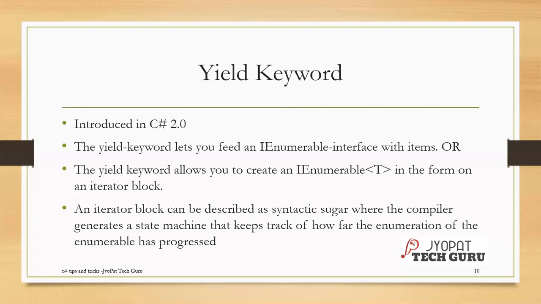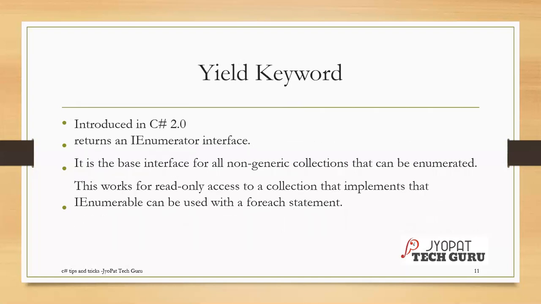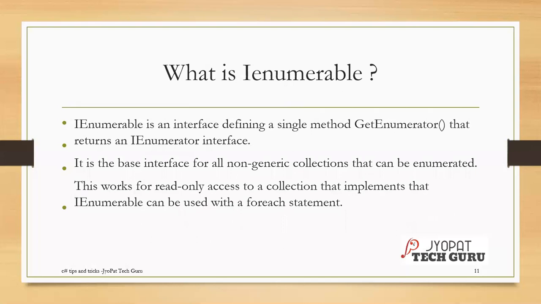An iterator block can be described as syntactic sugar where the compiler generates a state machine that keeps track of how far the enumeration of the enumerable has progressed. So you can keep track of the progress of the enumerable block. Usually we call these iterator blocks. So what is IEnumerable?